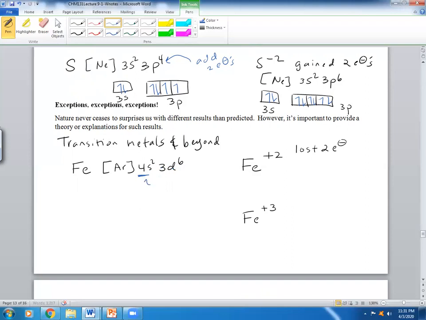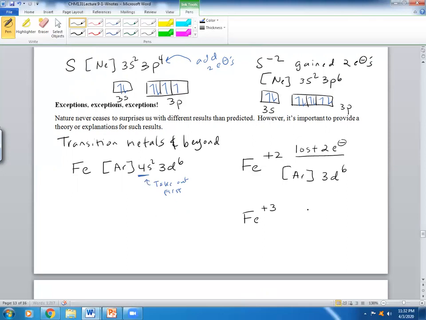So you start taking out from here first. So therefore, it's going to be argon 3d6. That means it lost 2. So that's my 2 electrons lost from the 4s2.